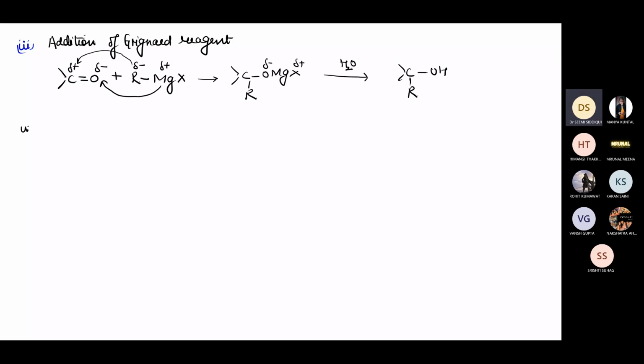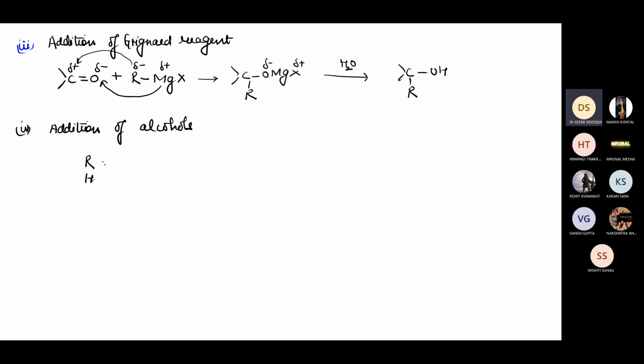The fourth addition reaction is the addition of alcohols. Now, in the case of the addition of alcohols, if you are going to take the aldehyde, say suppose this aldehyde we have taken and react with alcohol, so what is going to happen?